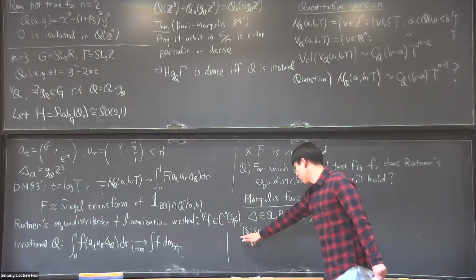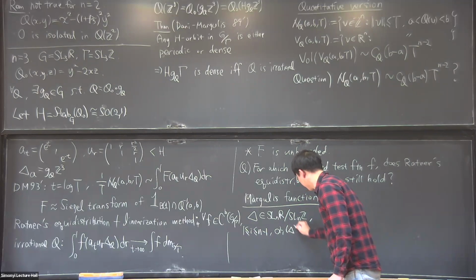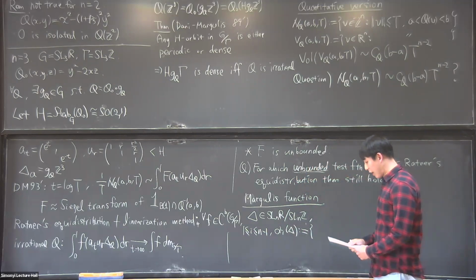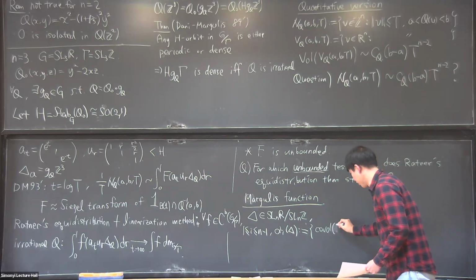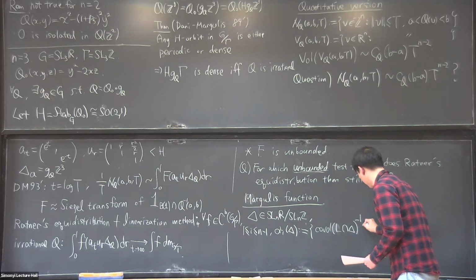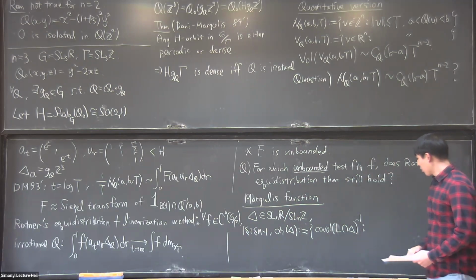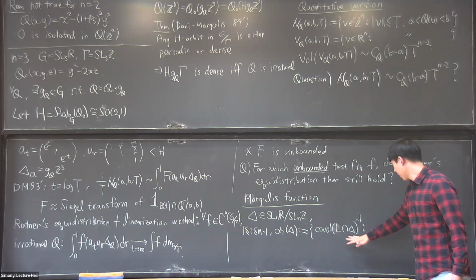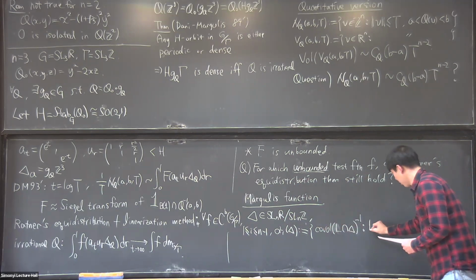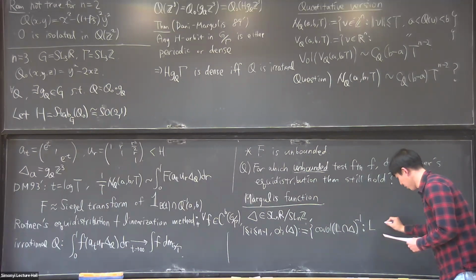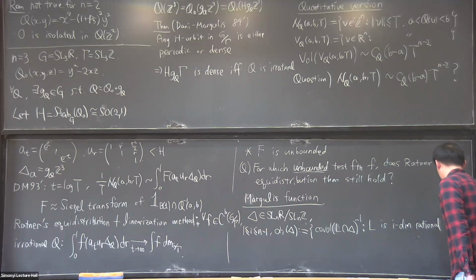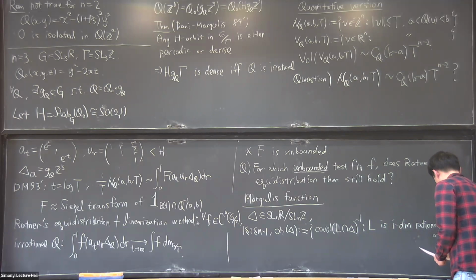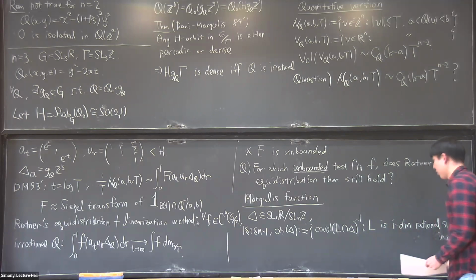For each dimension i between 1 and n-1, let me define the function alpha i by the inverse of the co-volume of the i-dimensional sublattices, that is, i-dimensional rational subspaces R contained in the lattice delta.